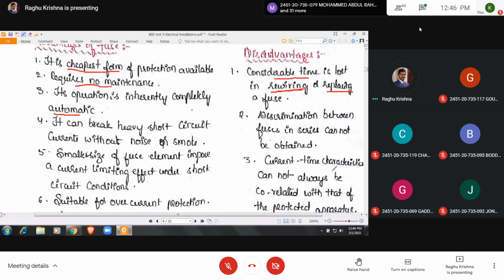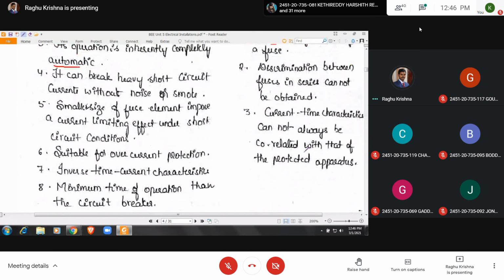Next, discrimination between fuses in series cannot be obtained. Next, third one, current time characteristics cannot always be correlated with that of the protected apparatus.